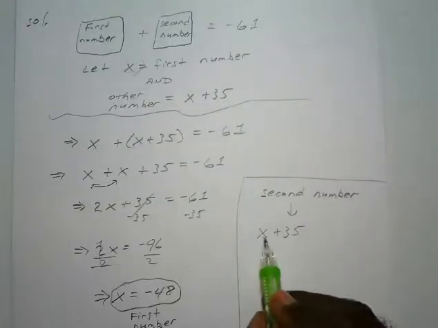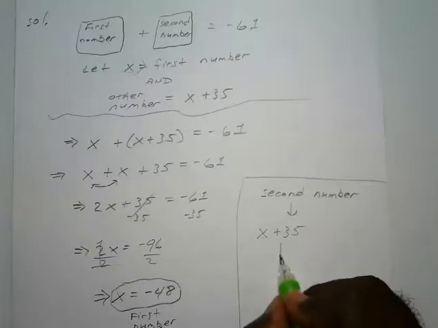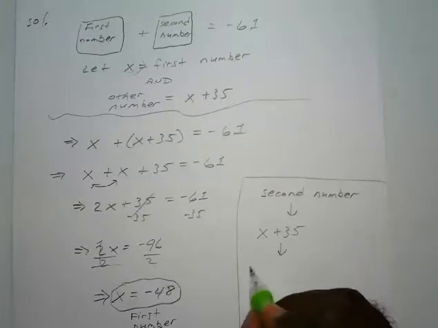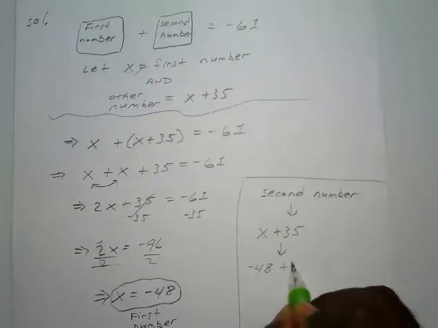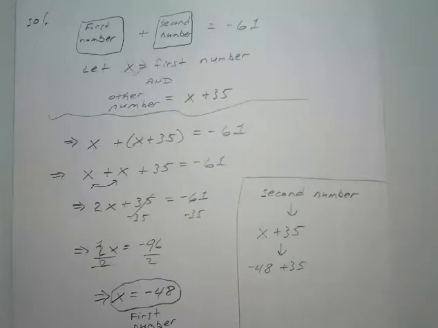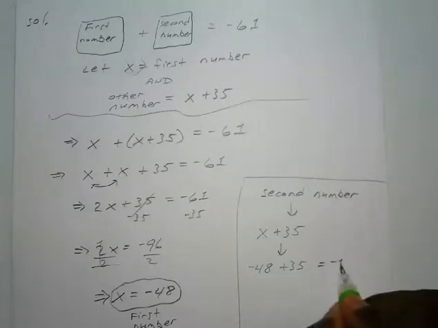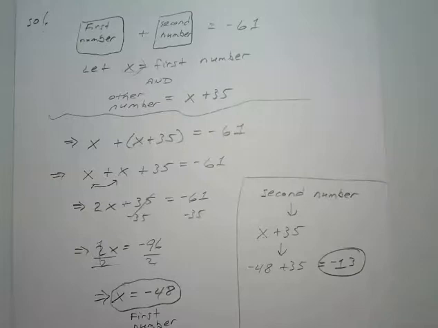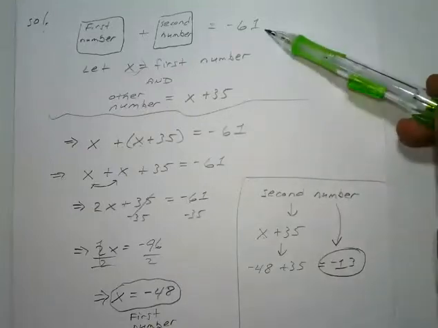So if we replace x with negative 48, that makes it negative 48 plus 35, which is equal to negative 13. Okay, so you have your first number and you have your second number. And if you add those two together, you will get negative 61.